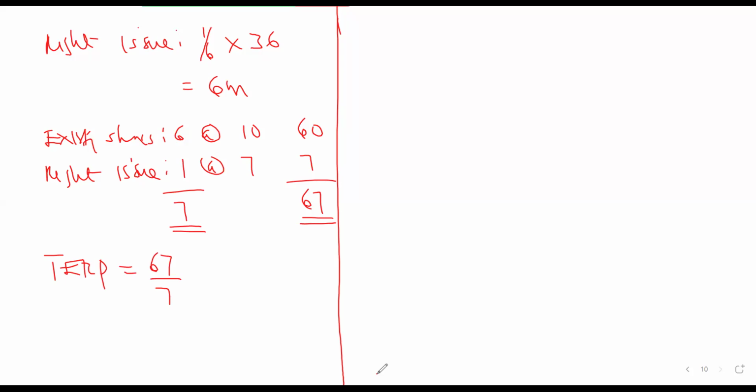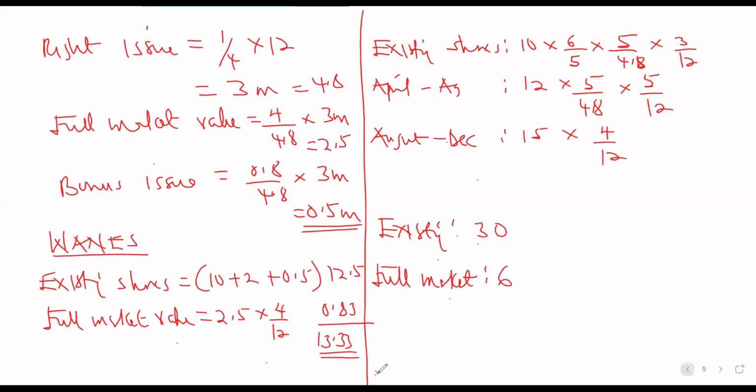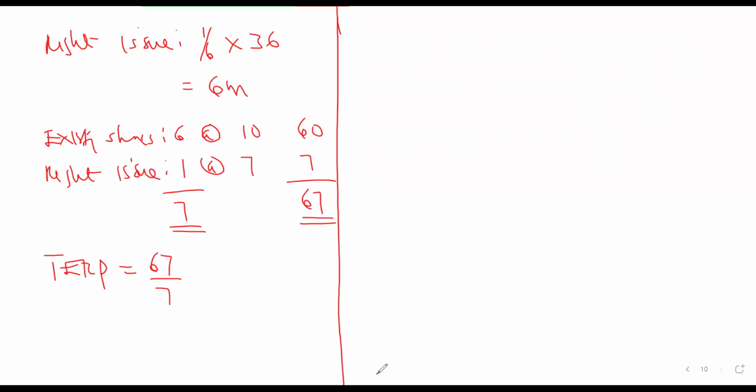It's 9.5714. So forget it, just make it 67 over 7. The shares are supposed to be issued at 67/7. That's supposed to be the value.